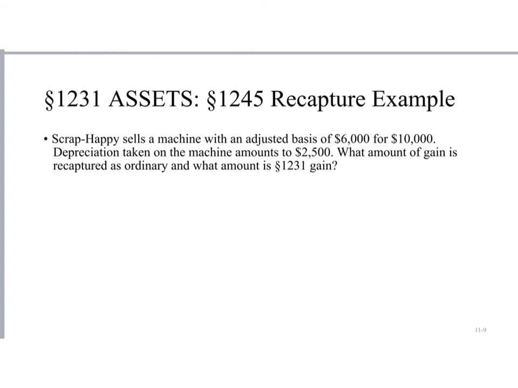So we've got a machine with an adjusted basis of $6,000. We're going to sell it for $10,000. It gives us the amount of depreciation we've taken on the machine. What amount of gain is recaptured as ordinary, and what amount is 1231? Well, what do we have to do? We have to look at what we received and our adjusted basis, and figure out our gain.